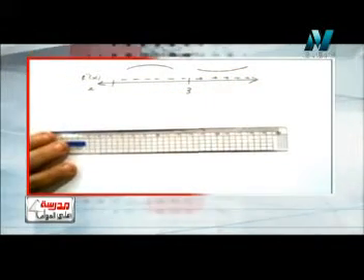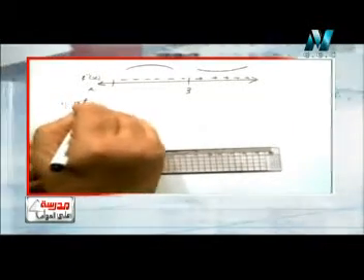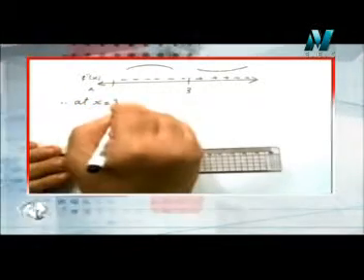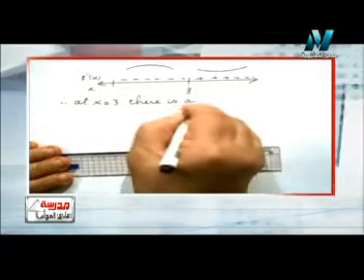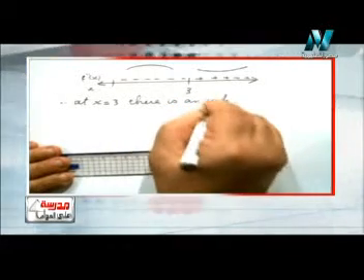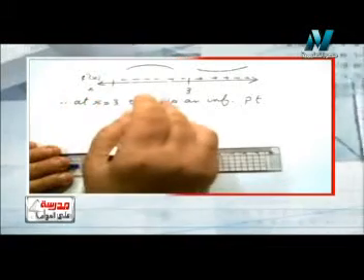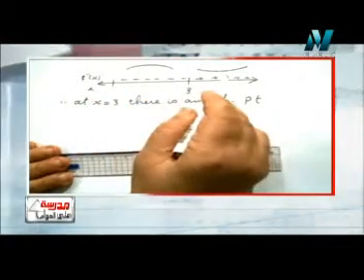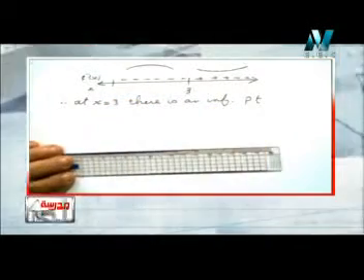Then the inflection point, if it exists: at x equals 3, there is an inflection point. Why? Because f double dash x changes from negative to positive, from less than 3 to greater than 3.